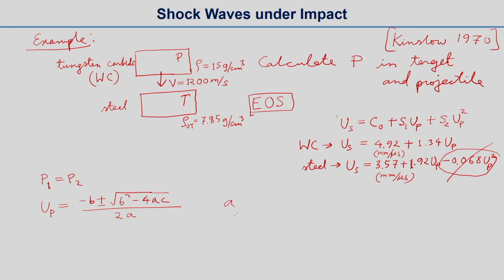So, what is A, B and C? I will write T for target in the subscript, and P for projectile, or we can even use number 1 and number 2 as well, whatever we discussed in the earlier derivation.